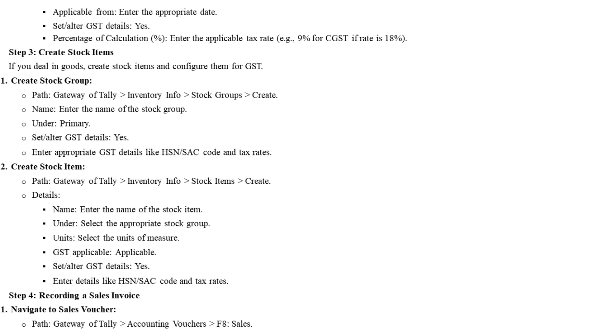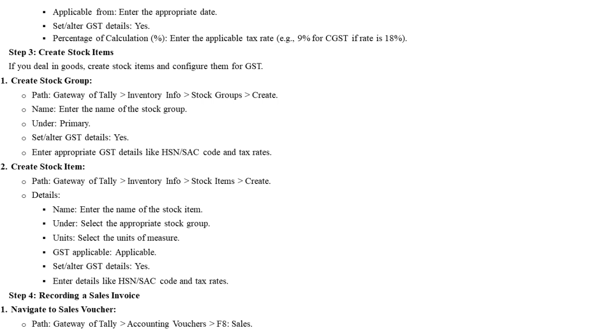Step 3. Create stock items. If you deal in goods, create stock items and configure them for GST. 1. Create stock group. Path: Gateway of Tally, Inventory Info, Stock Groups, Create. Name: enter the name of the stock group. Under: Primary. Set/alter GST details: yes. Enter tax rates. 2.